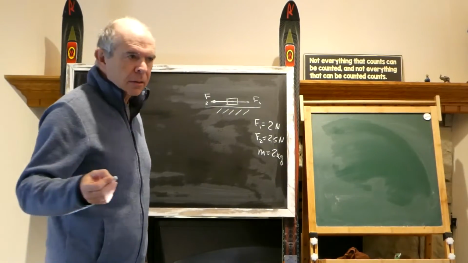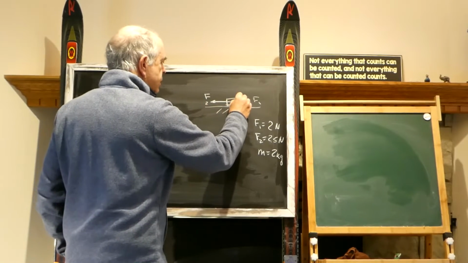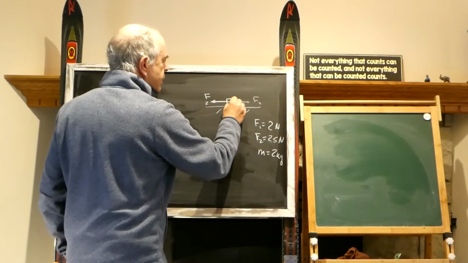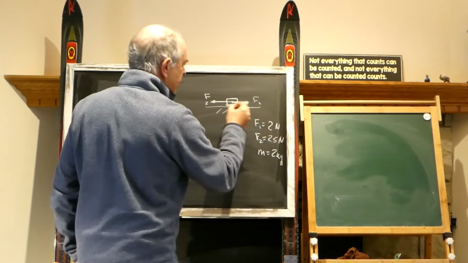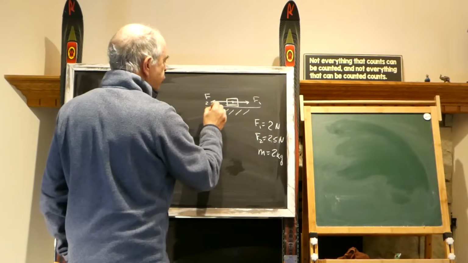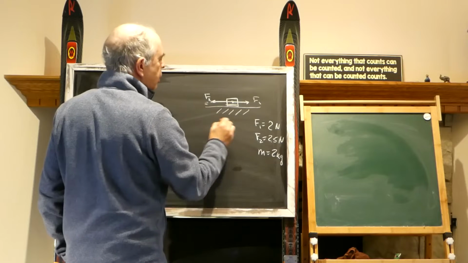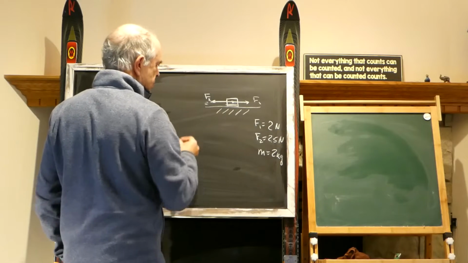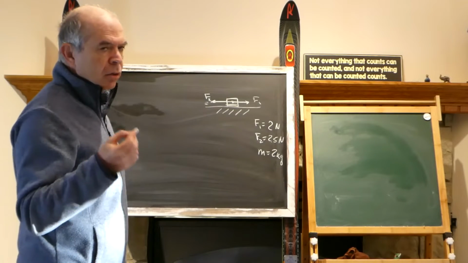Standard operational procedure. Picture. Body on the surface. Forces. External force F1 to the right, 2 newtons, and F2, external force to the left, 2.5 newtons. Whom else is this body interacting with?